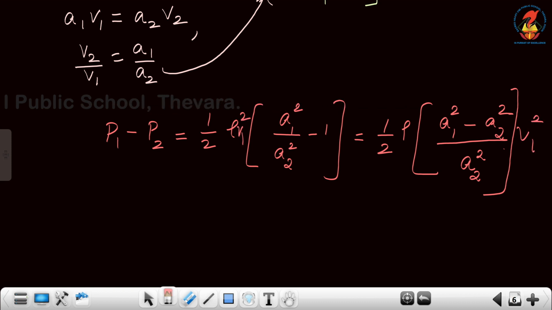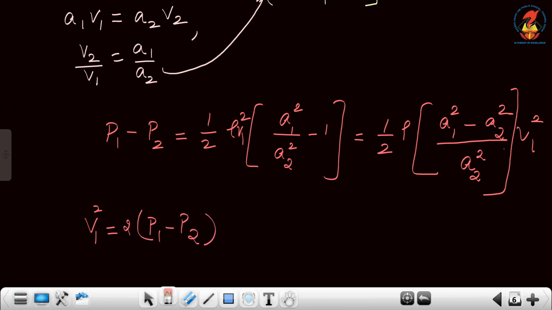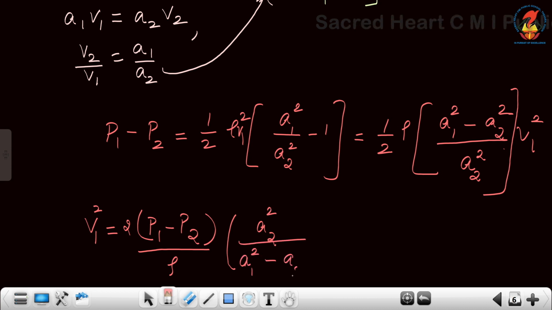Our aim is to find V1, so I can write V1 square is equal to P1 minus P2 into 2 by rho into A2 square whole divided by A1 square minus A2 square.